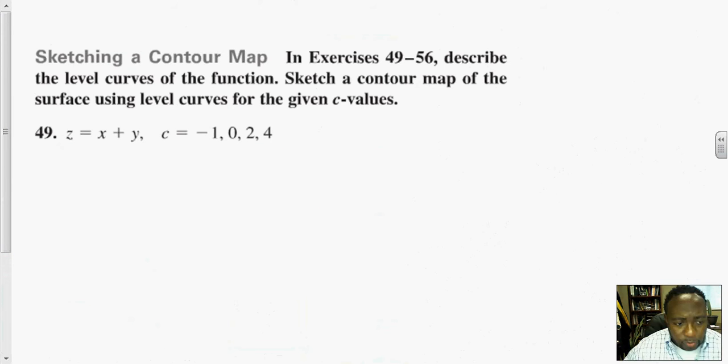And so we look at some problems here where you want to sketch the contour map of the surface using the level curves. So z becomes c.